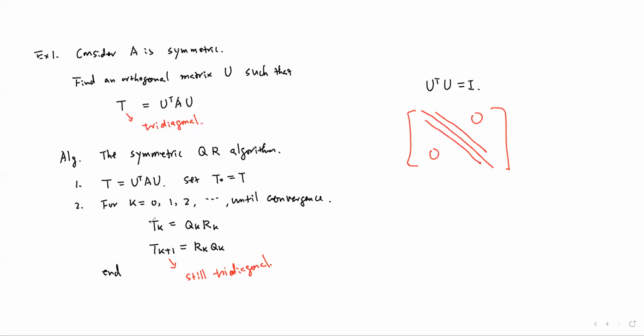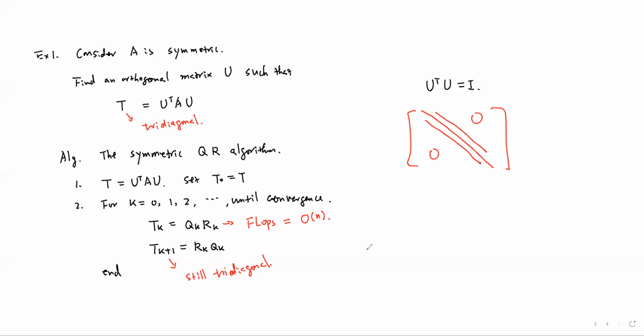Then in the next step, the next k, perform QR factorization on this new T, and then multiply R times Q. Again, we have a new tridiagonal matrix. To perform QR factorization on a tridiagonal matrix, the floating point operations are roughly order n.